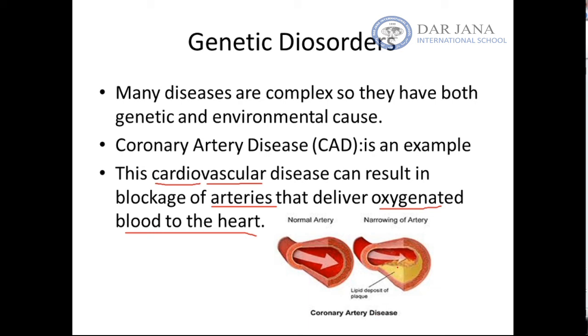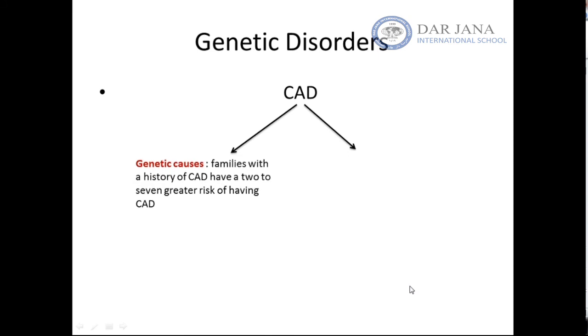Of course, this will lead to narrowing of this artery. Of course, coronary artery disease is fatal. It can lead to heart attack and sudden death. So as we said, it has two causes, genetic cause and environmental cause.